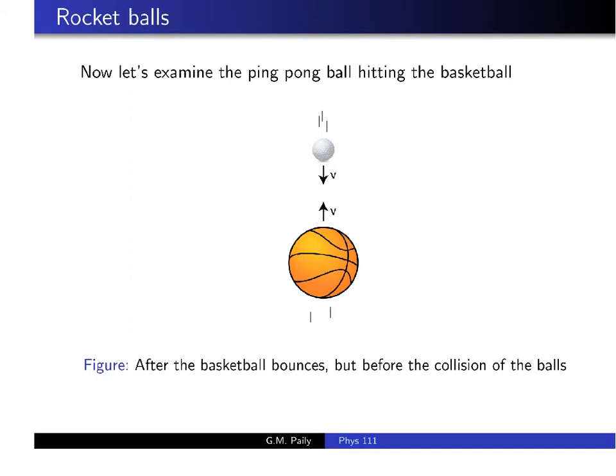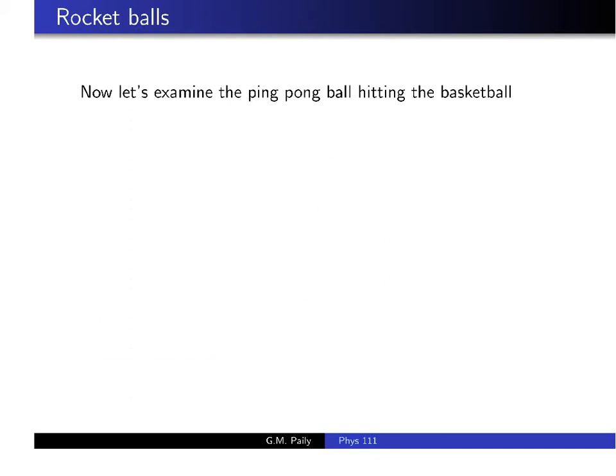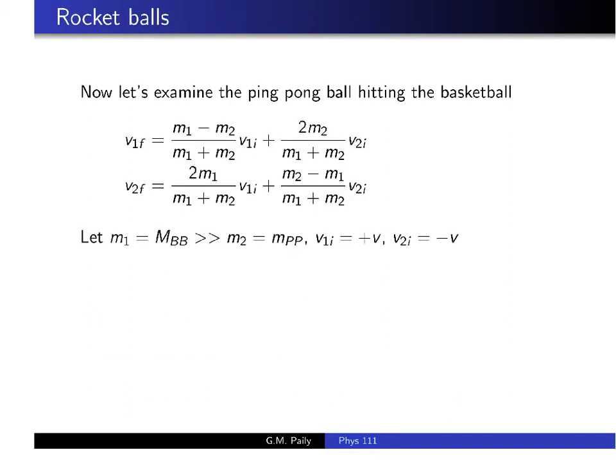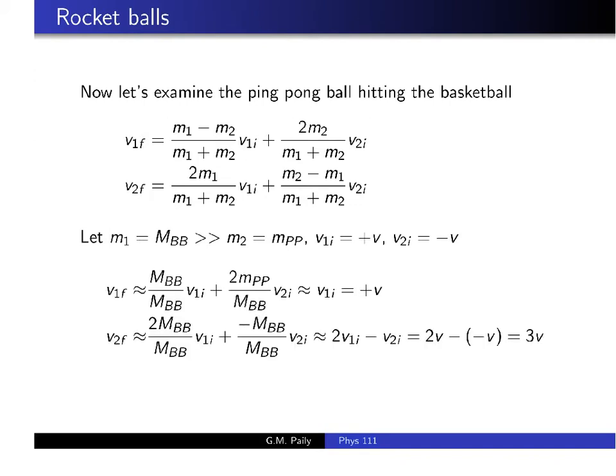Let's see what happens when they collide. Again, using the same equations, we continue to have m1 be the mass of the basketball, but now m2 is the mass of the ping pong ball. v1 initial is plus v, since the basketball is moving up with a speed v, and v2 initial is minus v, as the ping pong ball is moving down with a speed v. Let's see what happens.